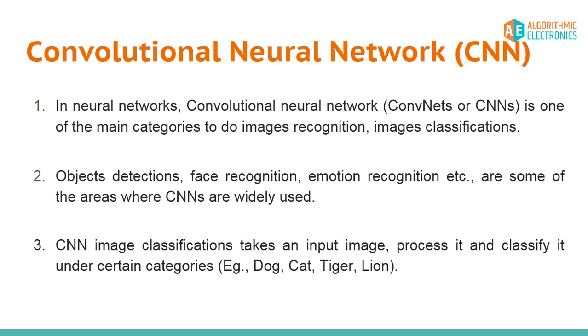You take an input image, process it, and after that classify it into a certain category. This CNN algorithm, or convolutional neural network, is the most widely used algorithm for image classification and image recognition problems. Whenever you have to deal with image classification or image recognition, the number one choice could be the convolutional neural network.